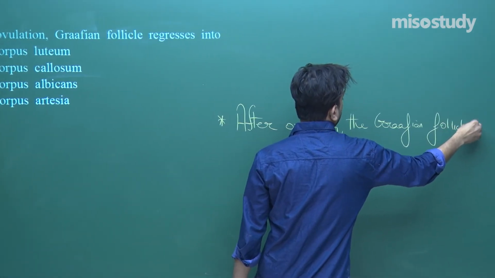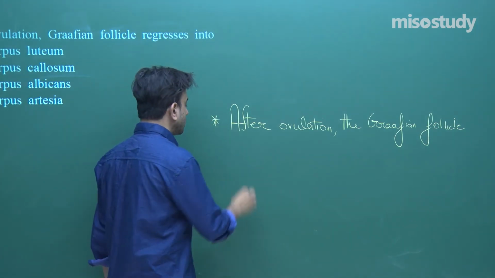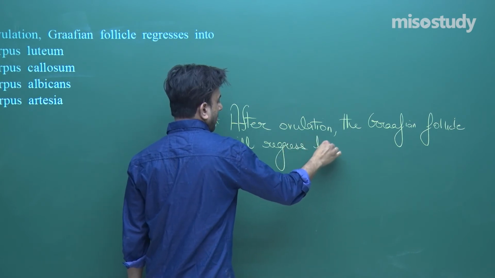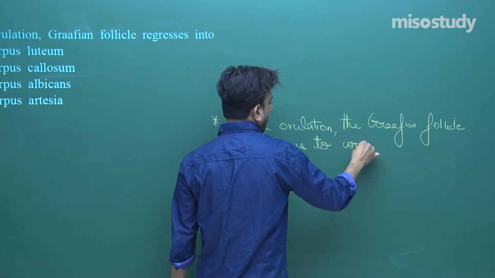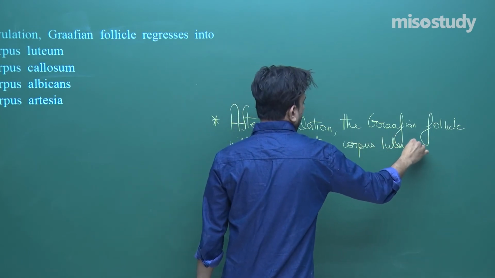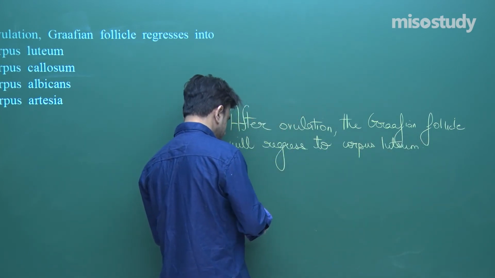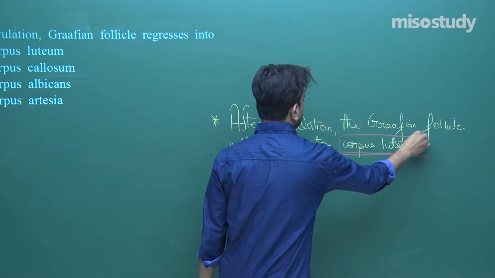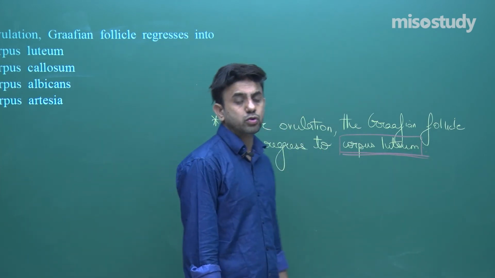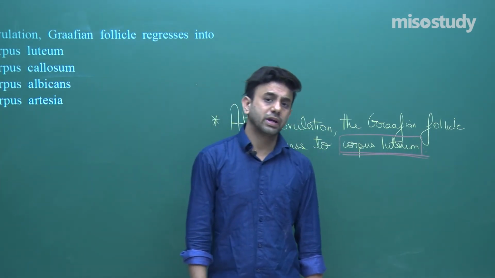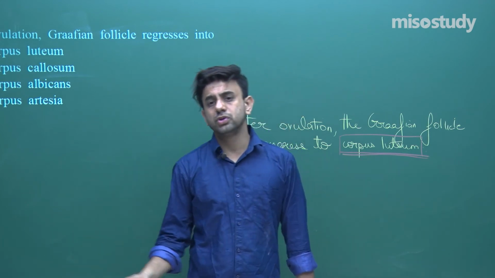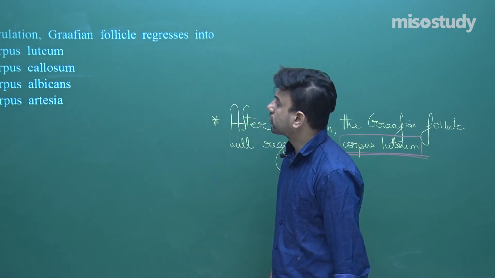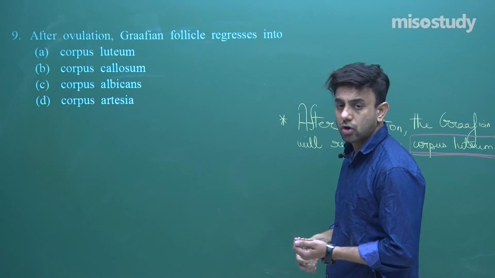And the corpus luteum is also responsible for secreting many hormones, which maintain pregnancy and perform many further functions. So after ovulation, the Graafian follicle will regress to the corpus luteum.